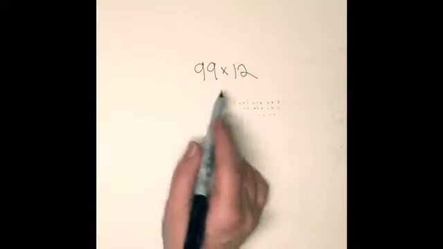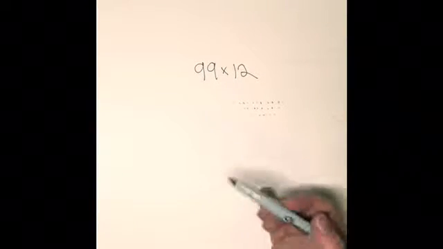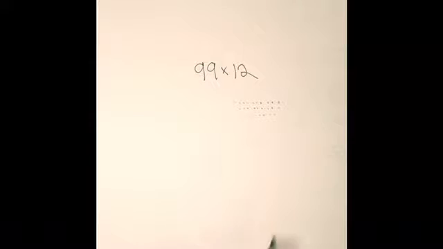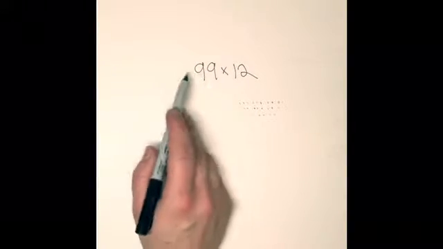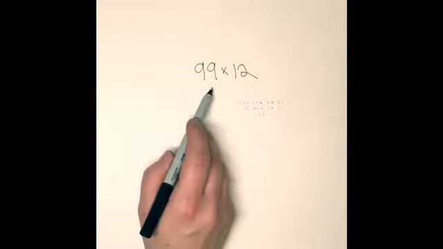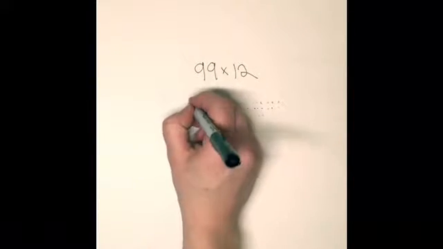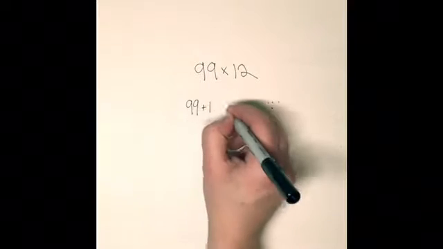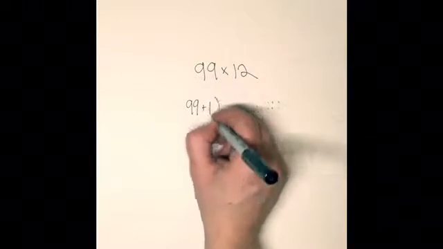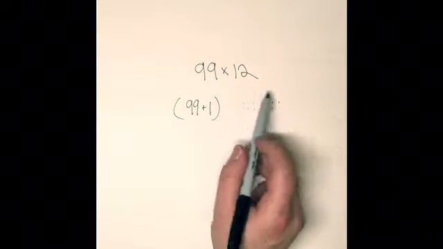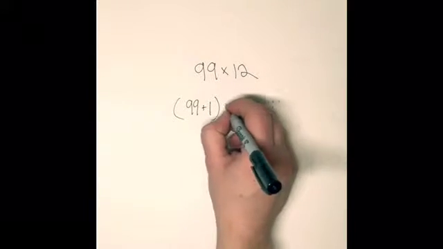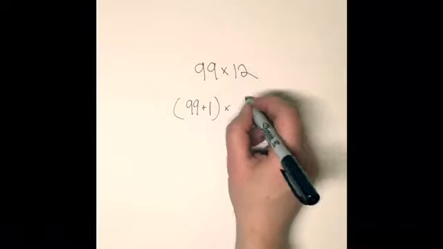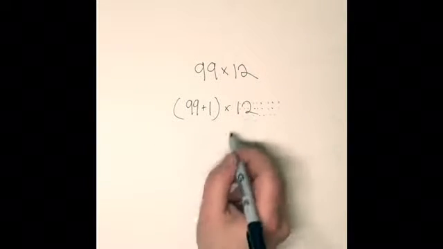One that I think students would think of, especially after the first problem that we did, would be to see that this 9 is really close to 10, and that 99 is really close to 100. And 99 plus 1 equals 100, so they could do the same thing either in their head or drawing it out as a distributive property, multiply that 100 by 12.